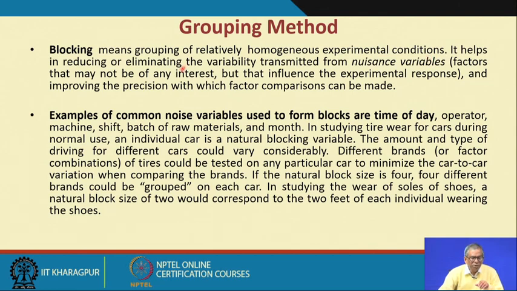It helps in reducing or eliminating the variability transmitted from nuisance variables, factors that may not be of any interest but that influence the experimental response, which you cannot avoid, it exists, and improving the precision with which factor comparisons can be made. So these are the basic principles of blocking.